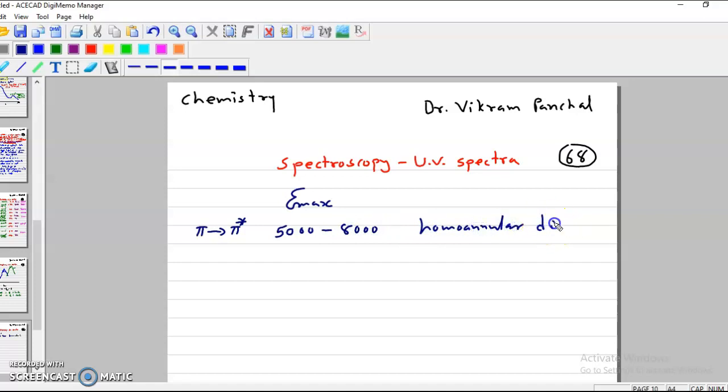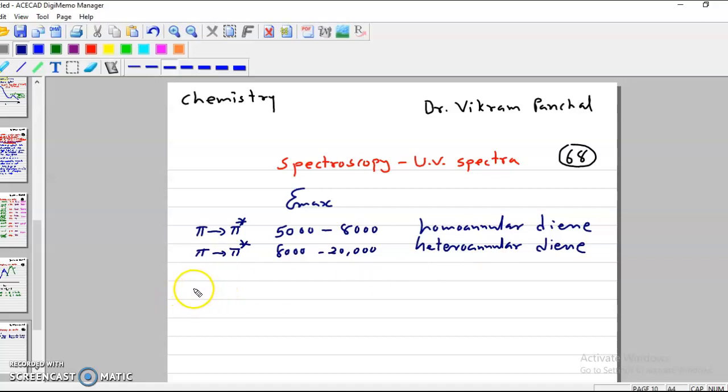What is homoannular? I will explain you later. And pi to pi star transition can be 8000 to 20,000 epsilon maxima value if it is heteroannular diene system. That means double bonds in different rings, then we can have this value.